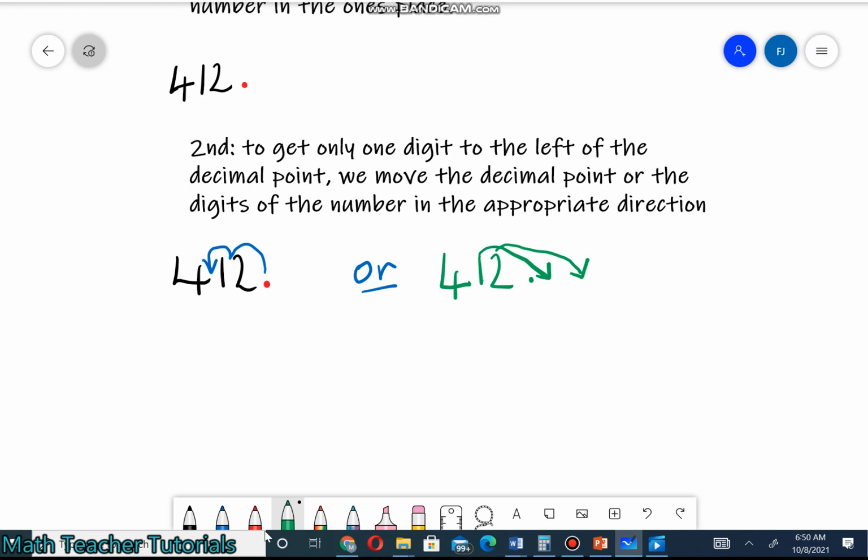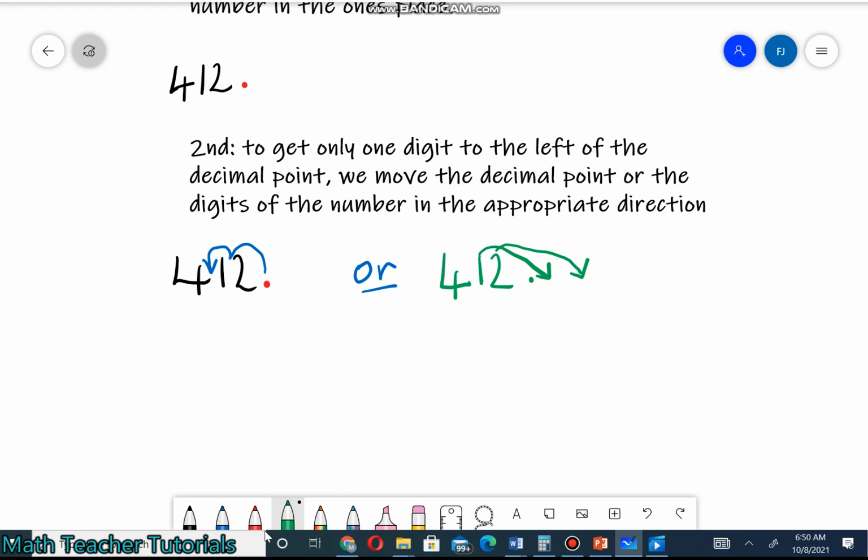Now please note that if you are doing the route of moving the digits, the digit that is closest to the decimal point will end up being farther away, and the digit that is farther away from the decimal point will end up being closer.